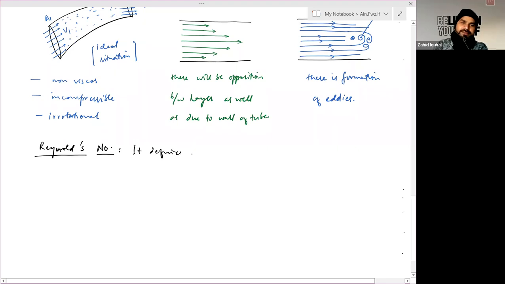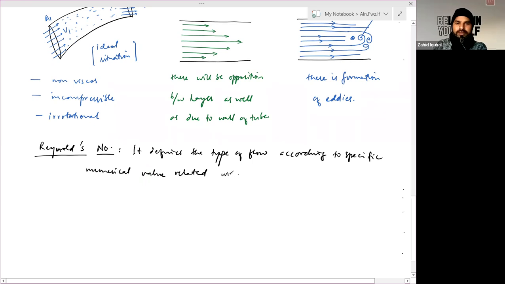It defines the type of flow according to a specific numerical value related with some physical quantity.